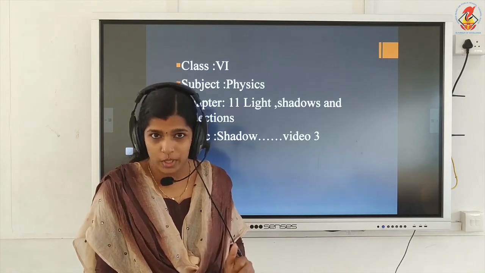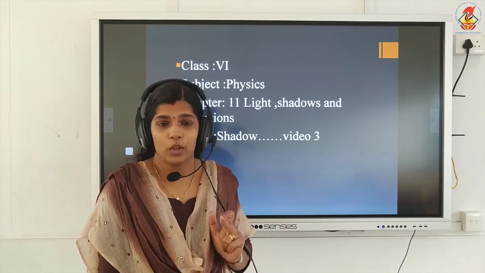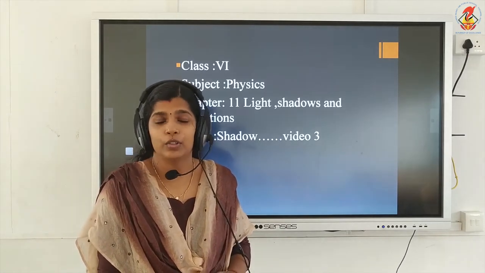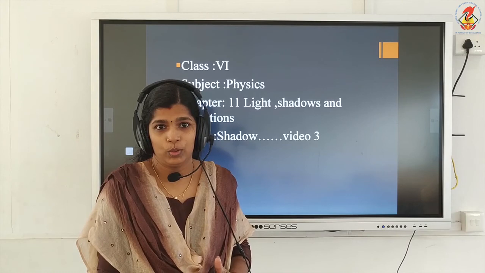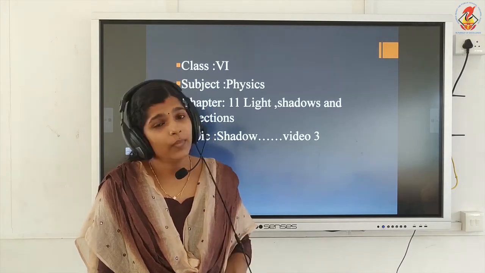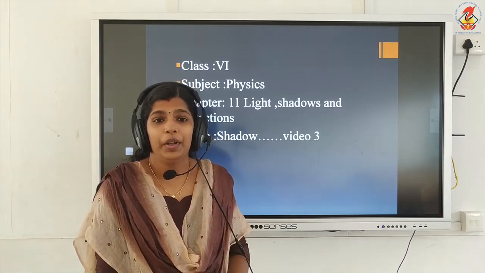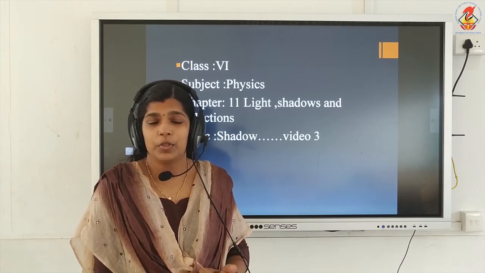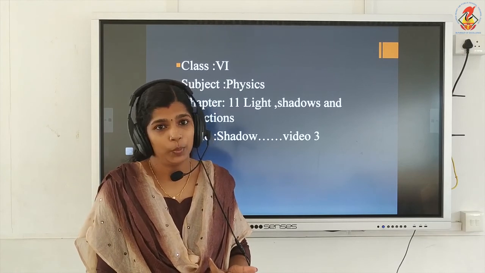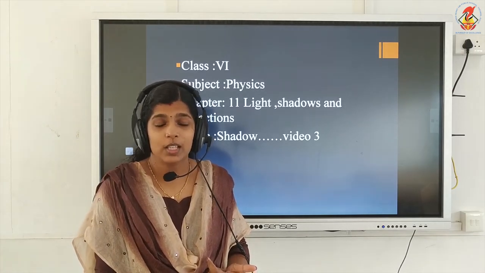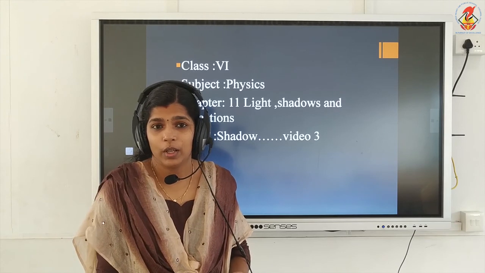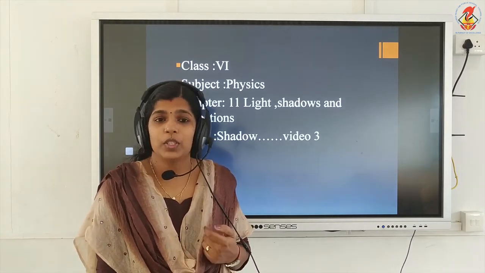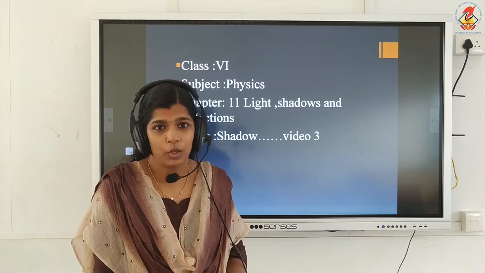First one is a luminous object, second one is an opaque object, third one is a screen to cast the shadow. Then, the size of the shadow depends upon the distance between the luminous object and the opaque object.